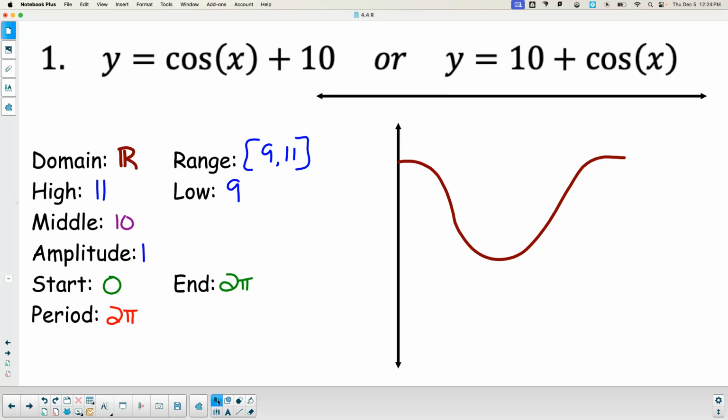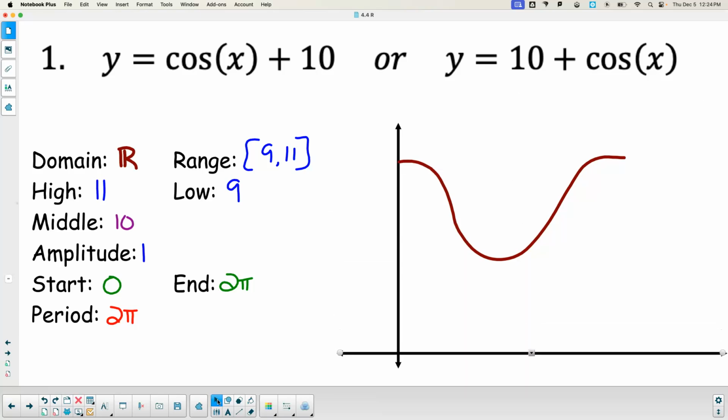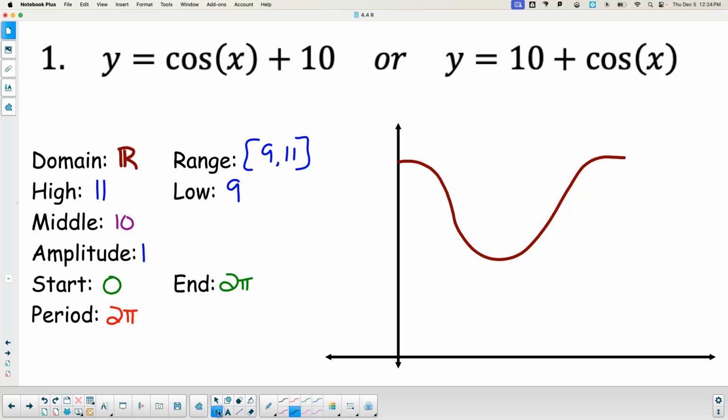Our normal cosine curve looks like that when we put our axes on there. Because this is 9, this is 10, that's 11.